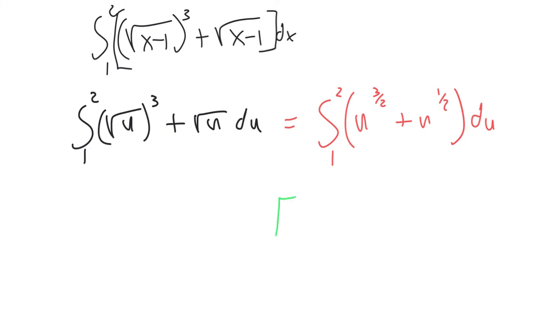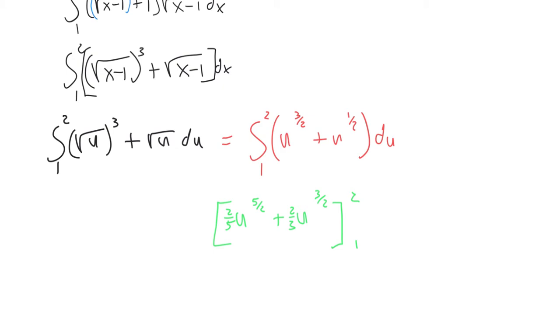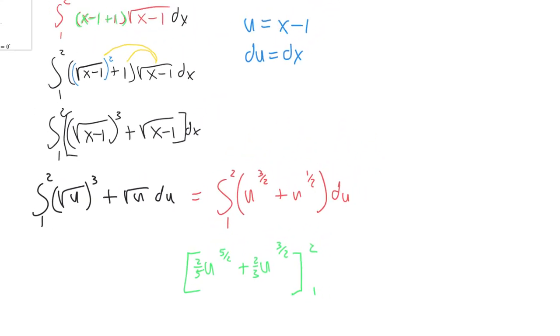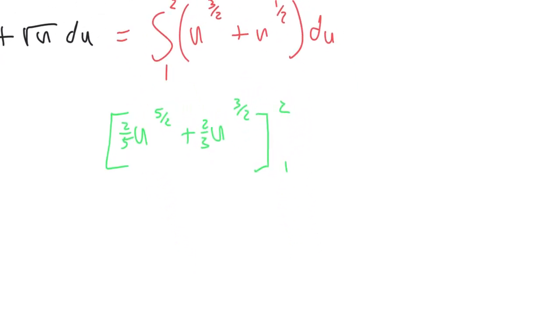Now we're ready. It would be u to the 5/2 times 2/5 plus u to the 3/2 times 2/3 with the 2 and the 1. We could then substitute u in there, and u is right here. Anytime you see a u, it's really x minus 1.